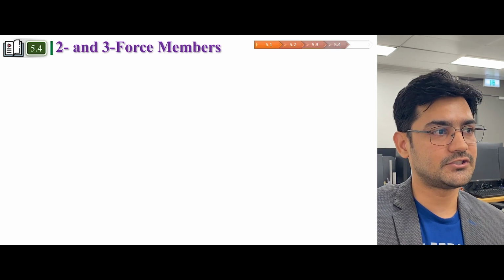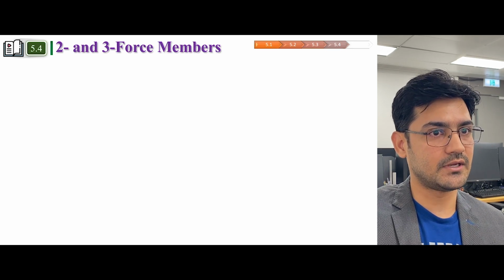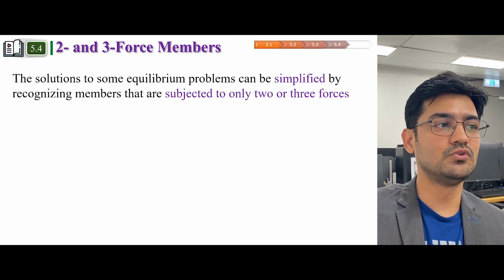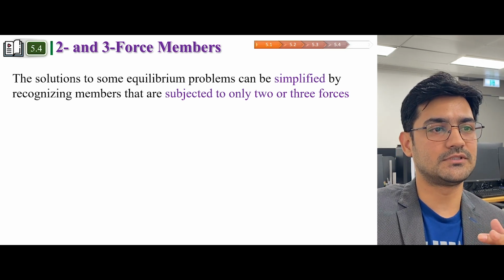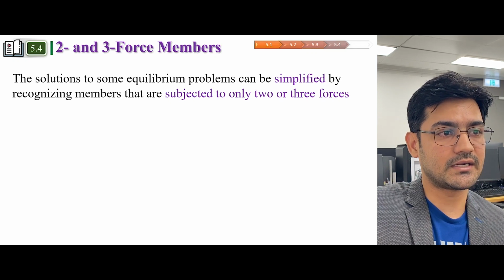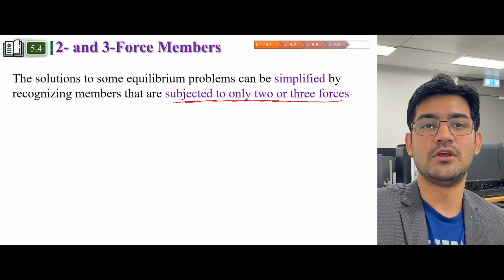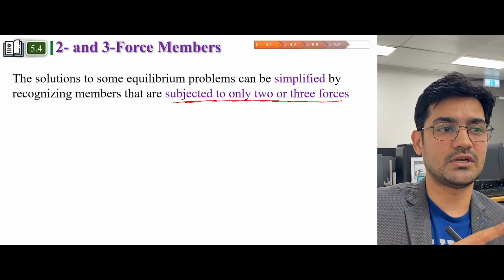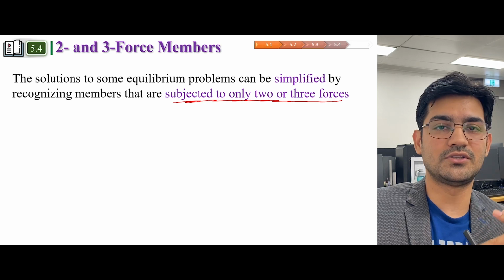Now, why we are studying this section is because sometimes the solution to some equilibrium problems can be simplified by recognizing the members that are subjected to only 2 or 3 force systems. So there are some members or some systems which only include 2 forces or 3 forces.